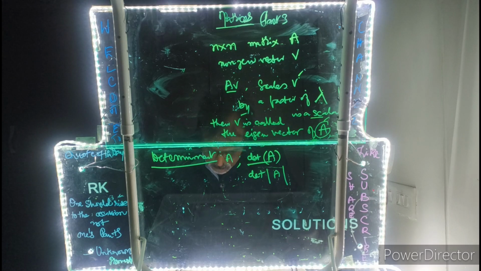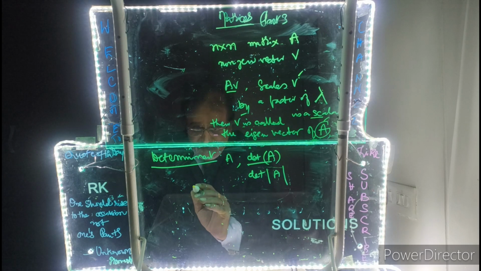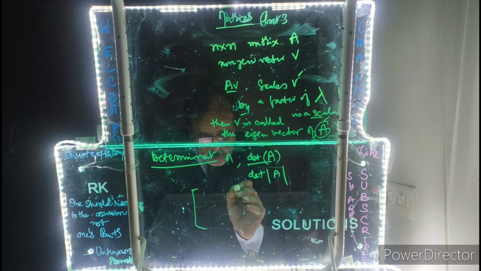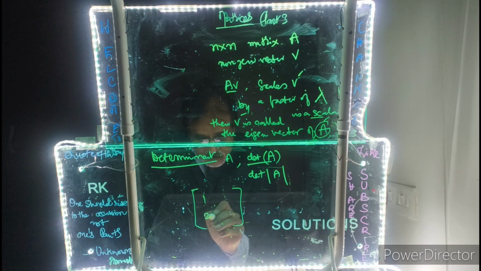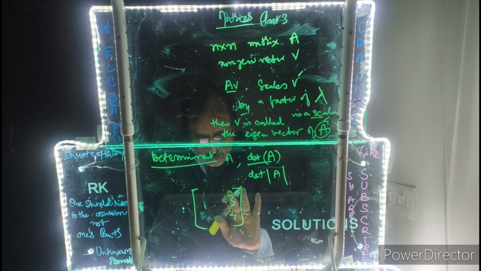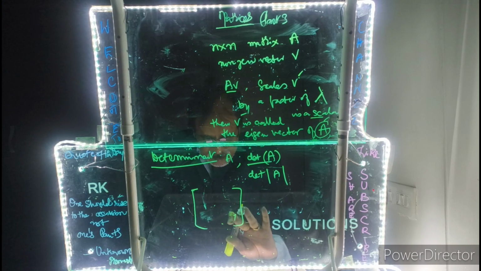Take the determinant of our square matrix, let's say 1 2 3 4, or even with variables, since numbers don't make it clear.